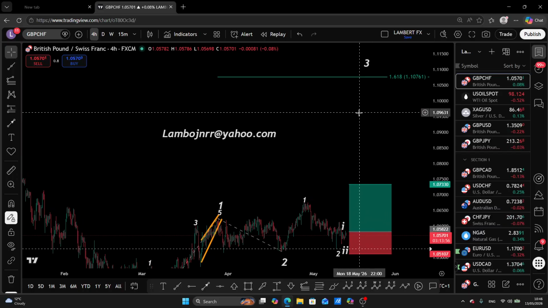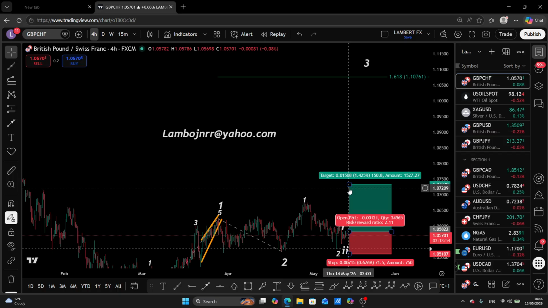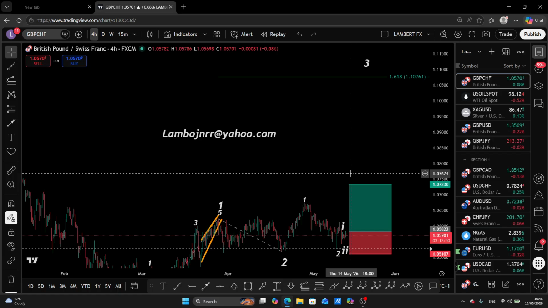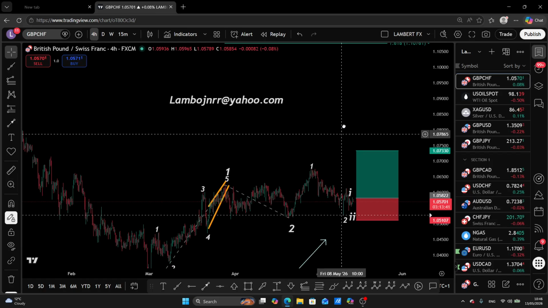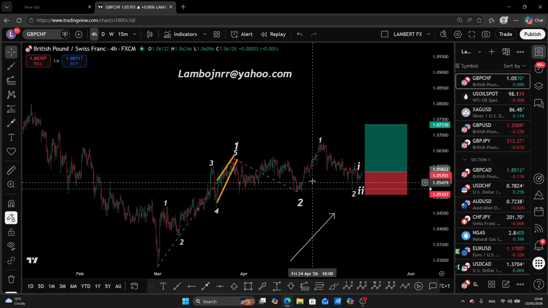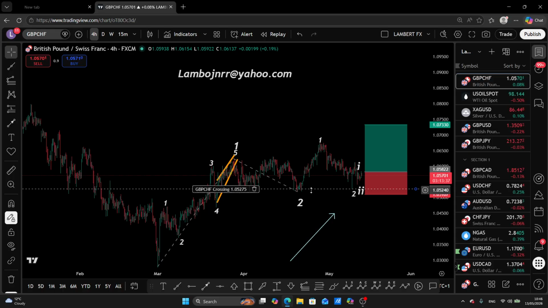For me, GBP CHF, I don't like swing trading it, hence I'm not holding up to that price. I like to day trade GBP CHF. So that's me for the leg 3.